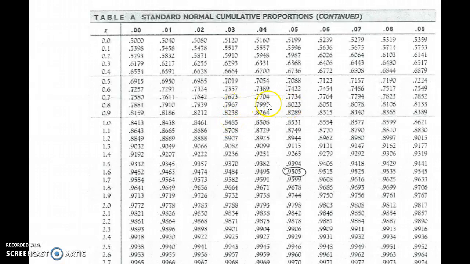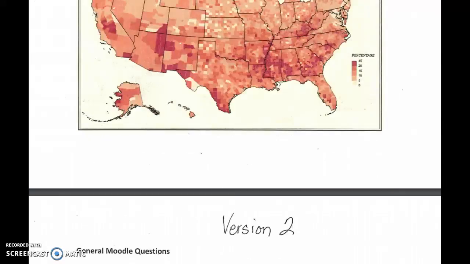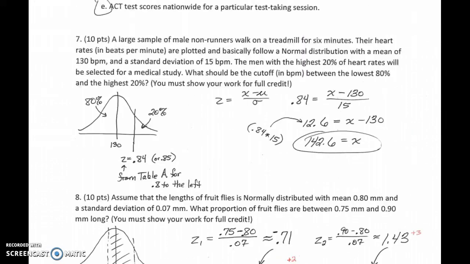So 0.8 would put us right between these two numbers here. So we're looking at 0.84 or 0.85 for our actual z-score. Putting either one would be perfectly fine. I'm going to use 0.84 here. And so that's our z-score. So our cutoff is going to be 0.84 standard deviations above the mean.